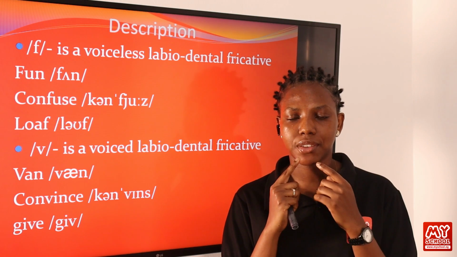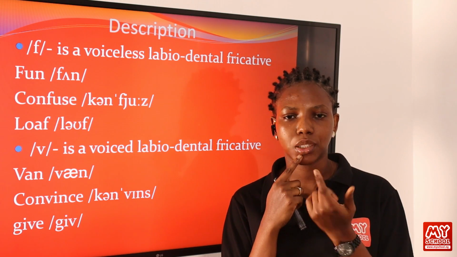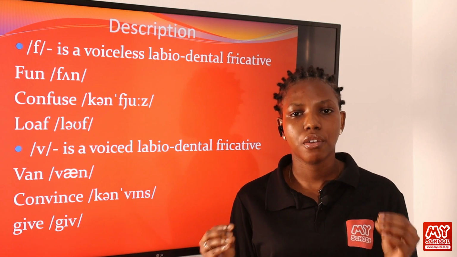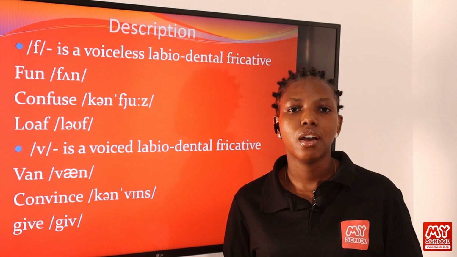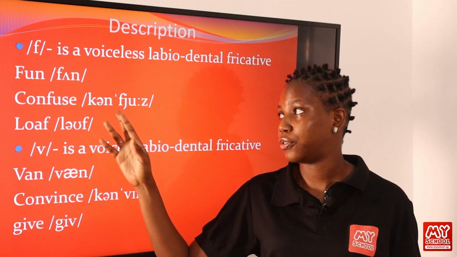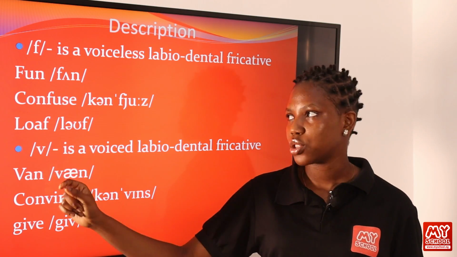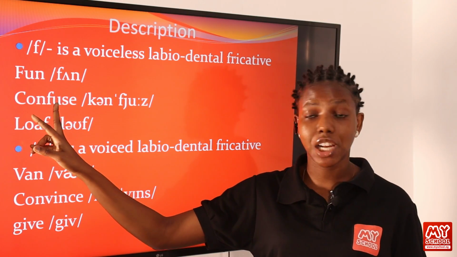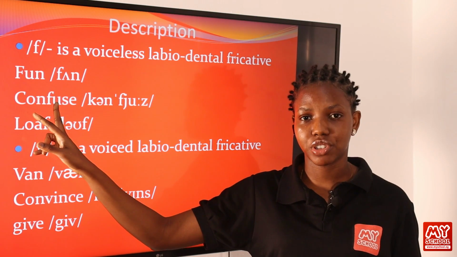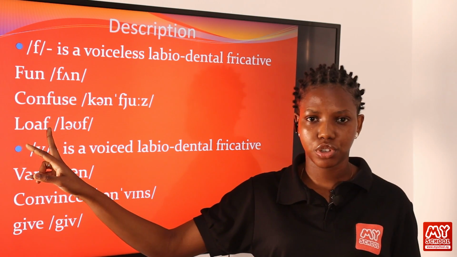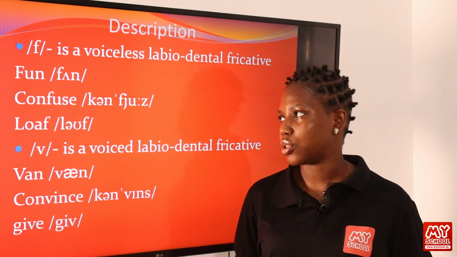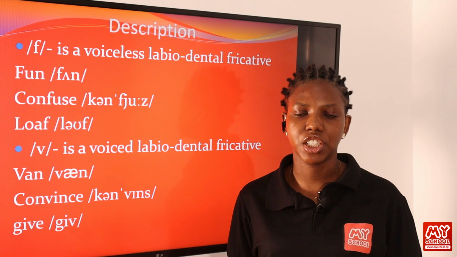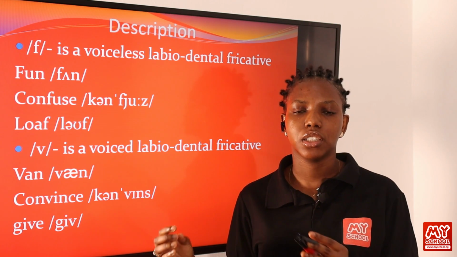You can feel that your lower lip is coming in contact with the upper set of your teeth, and it produces the voiceless sound, as in the word fun, confused, loaf. It can be found in the initial position, in the medial position, which is the middle or center position, and the final position or the end position. These are examples we can find for the initial, medial, and final positions.